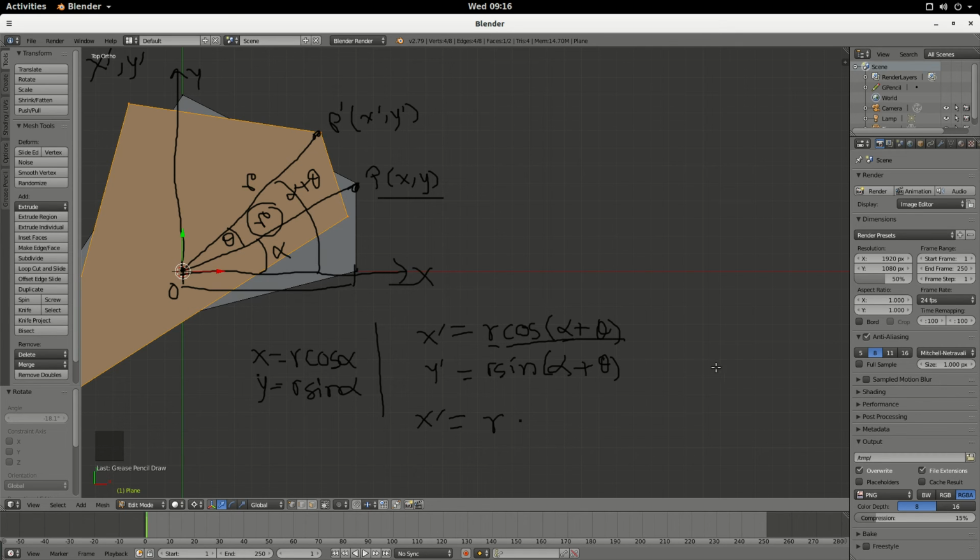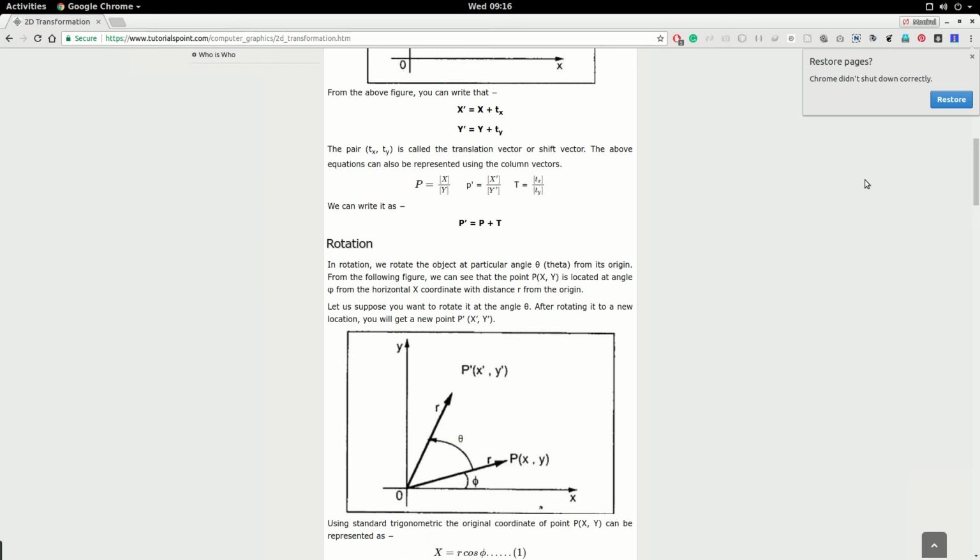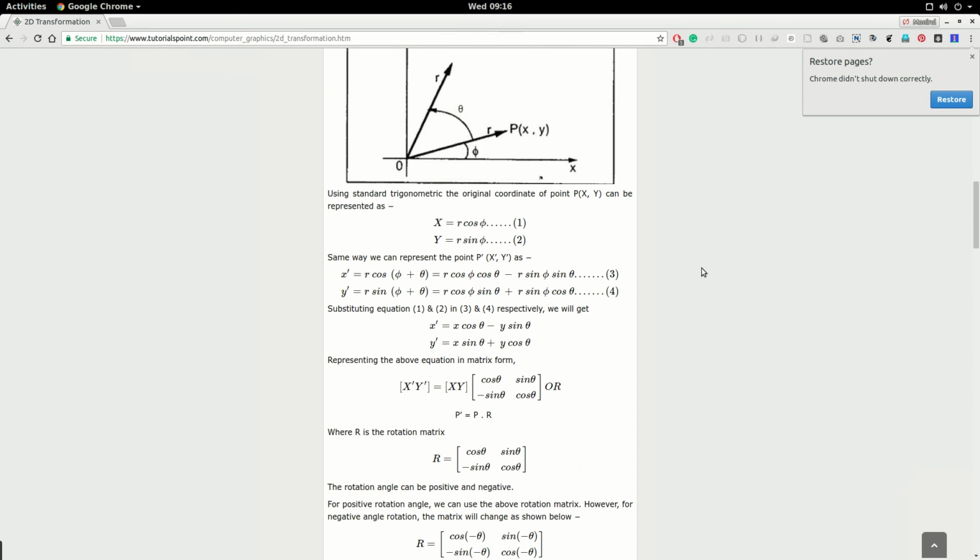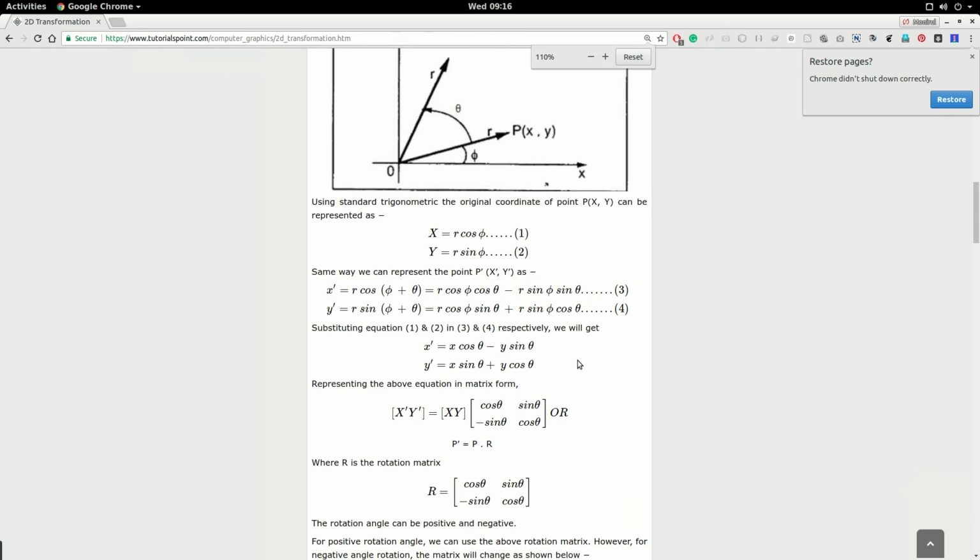We're not sure? Well, at least, we need to memorize this part. See, we have that written over here. If you have cos A plus B, that's actually cos A cos B minus sin A sin B. For sin A plus B, that's sin A cos B plus cos A sin B.